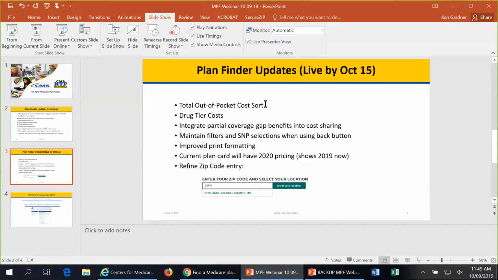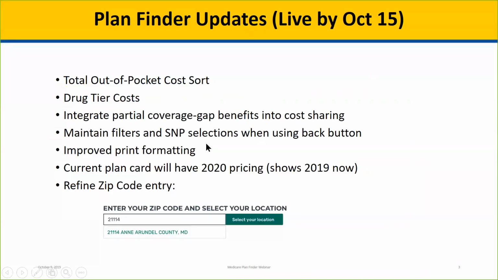Now, some of the updates we expect to go live by October 15th. As John mentioned, the total out-of-pocket cost sort should be there by the end of this week. Drug tiering costs: right now it just says what tier a drug is in, but it should have the actual cost for that particular plan. We're going to be integrating folks that have partial coverage gap benefits into the cost sharing, so some plans cover certain drugs during the coverage gap, and we'll be handling that a little bit better.